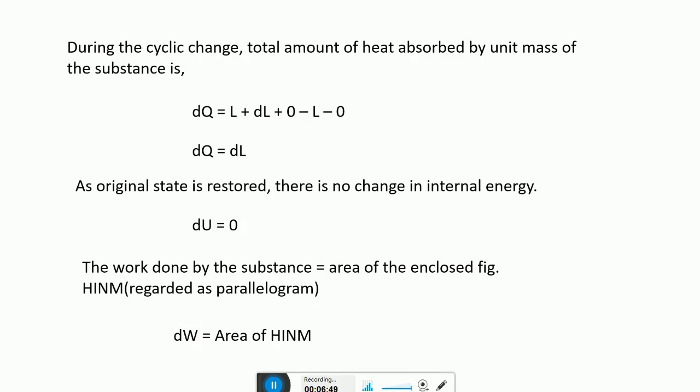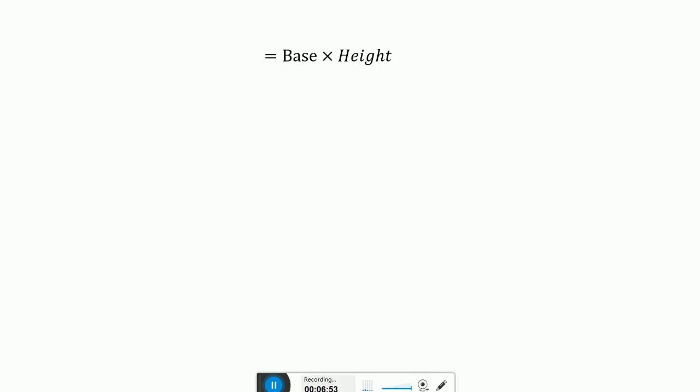Area of a parallelogram is base into height, which is V2 minus V1 as base and height is P + dP - P. So here instead of the negative sign we have to write multiplication. So correct this.